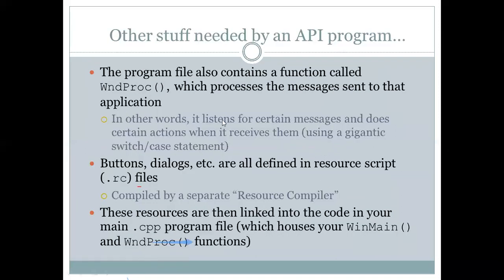So we will continue. The other thing that is present in a Windows API program: the program file contains a function called WinProc, which processes the messages sent to the application.